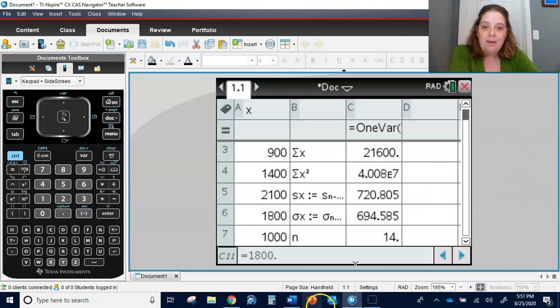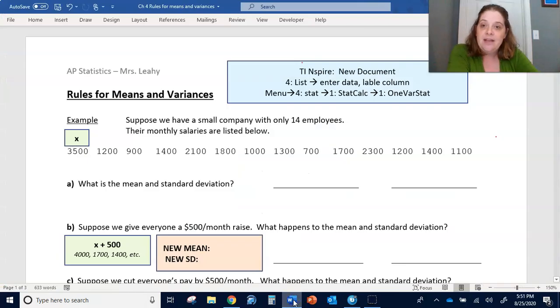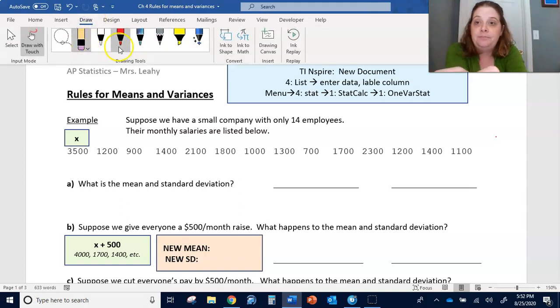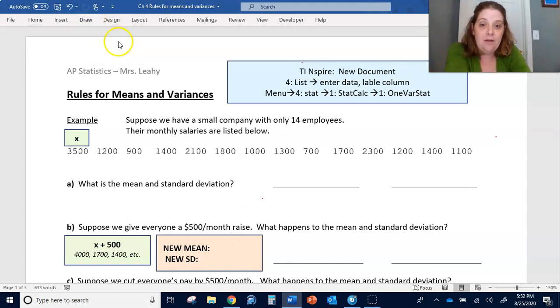Okay, all right, so I'll pop back to my document then, and it says, what is the mean and standard deviation? So again, this is a mu, because it's a population mean. For the sake of brevity in these notes, I'm just going to round to the nearest dollar.